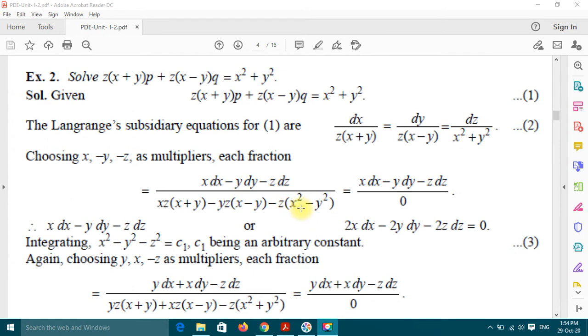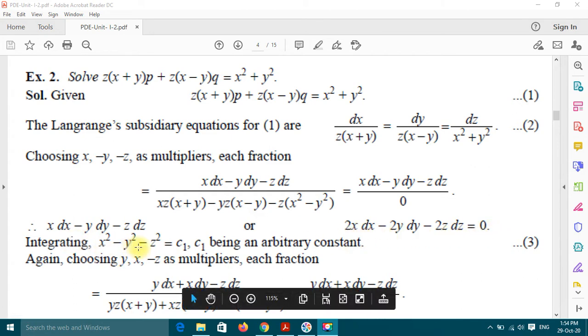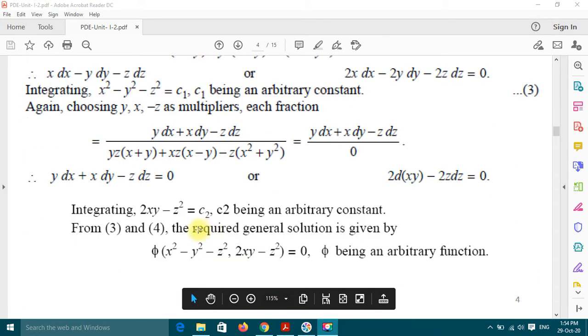So we simplify it, then all the terms will be cancelled out, so we get the denominator to be 0. So we cross multiply and rearrange it, and multiply with 2, then we get 2x dx minus 2y dy minus 2z dz is equal to 0. Now we integrate it, then we get x square minus y square minus z square is equal to c1, where c1 is an arbitrary constant.